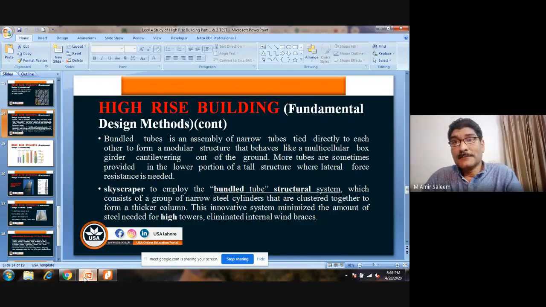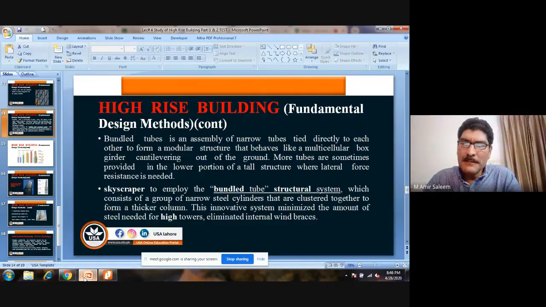And another, students, here is a very interesting system, and nowadays it is very popular in the market. As an architect, as an engineer, they use this system. It's called the bundled tube system.